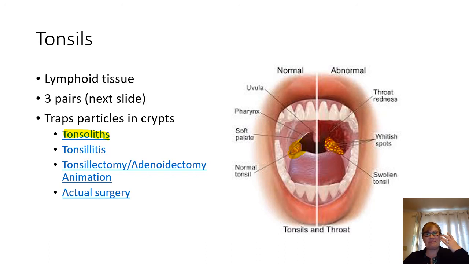Because the tonsils are lymphatic tissue, they have a lot of grooves, and the structure of it allows for buildup of minerals and bacteria. And so sometimes people get a stone. And so that's there just kind of for shock and awe, I guess. There's a tonsil surgery. There's an animation of that surgery. So if you're interested, feel free to check it out.